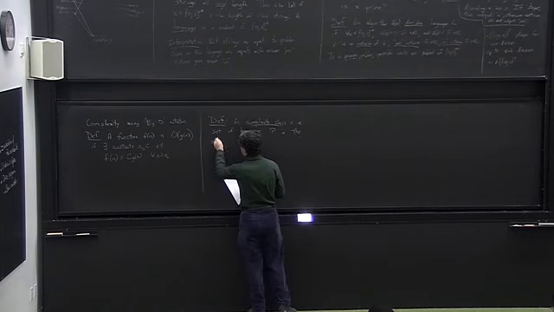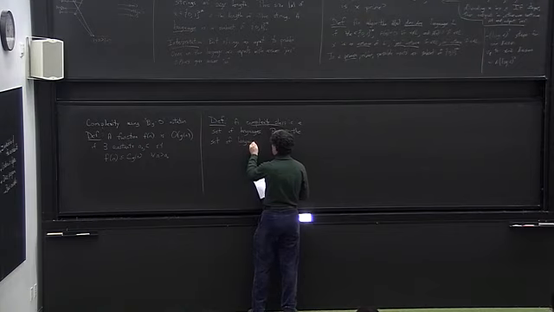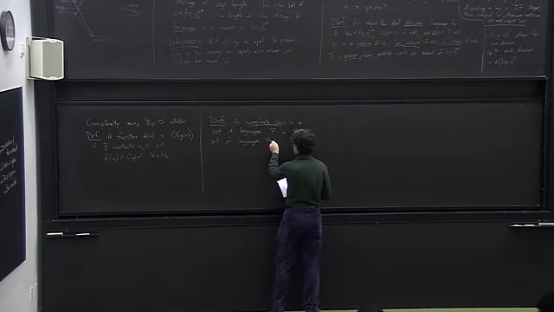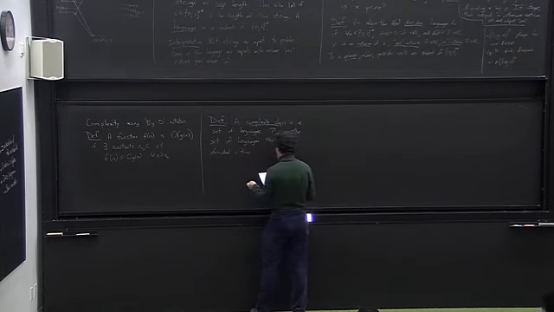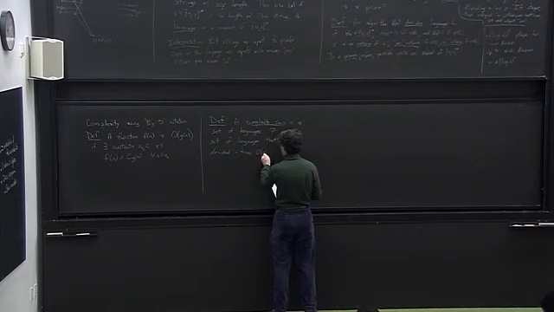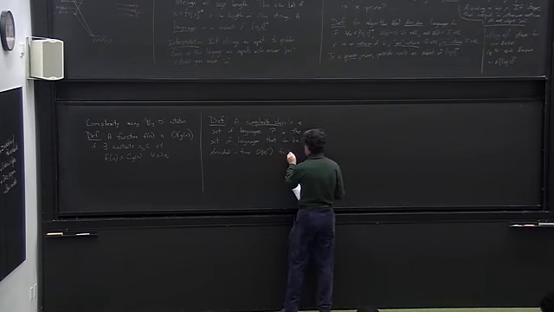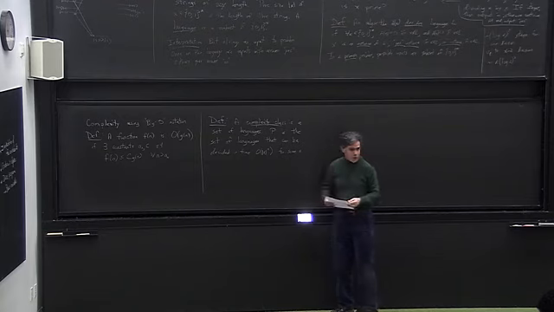So the set P is the set of languages that can be decided in time O of x to the n for some n. Okay?